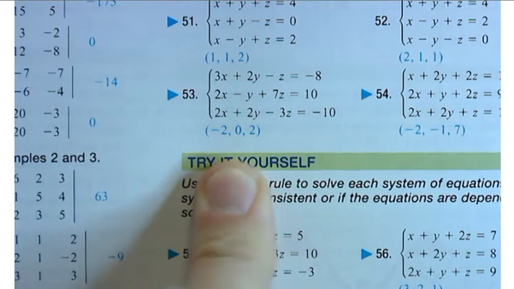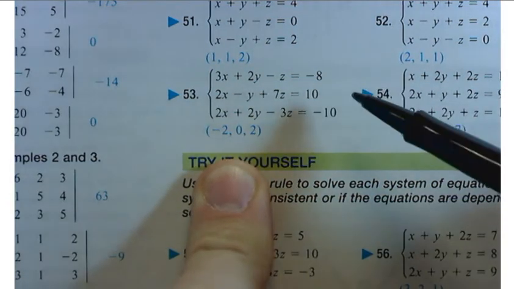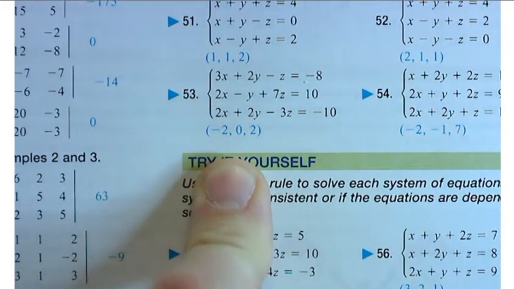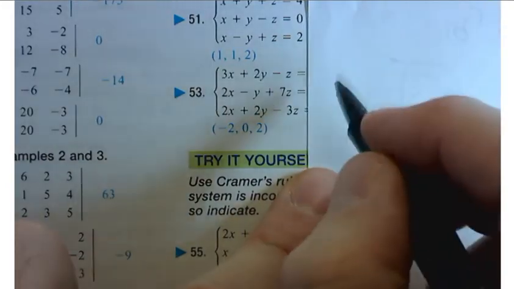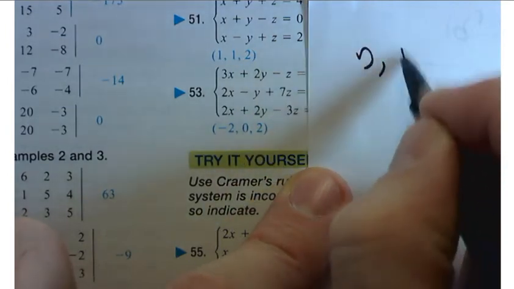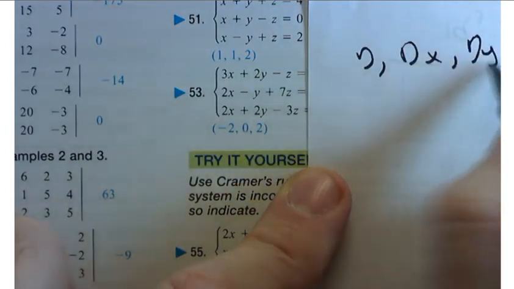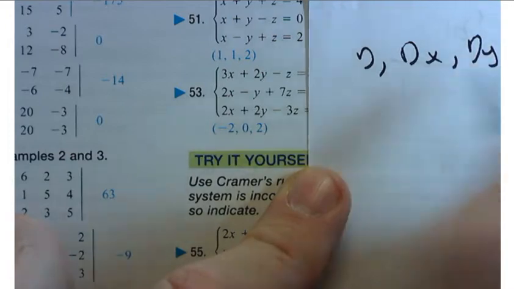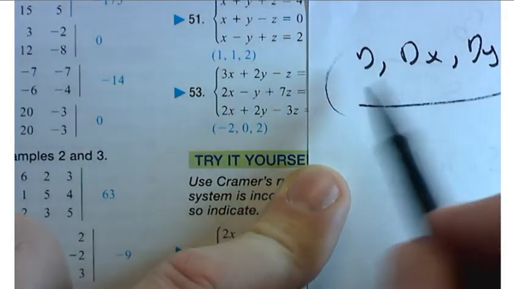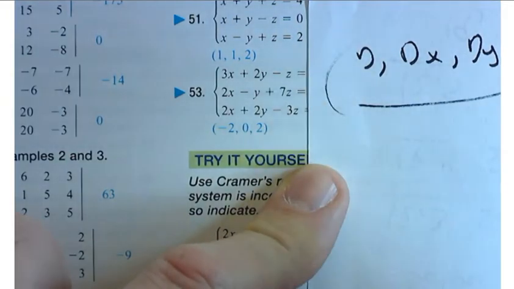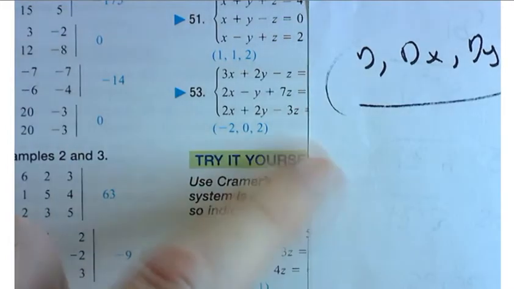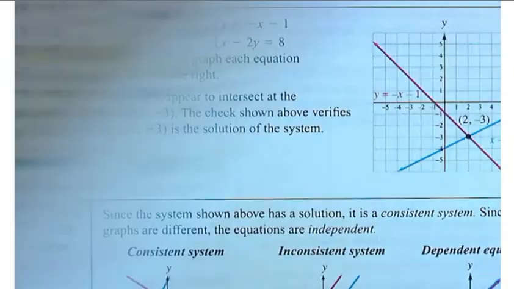So what I'd do to make that reasonable is I would probably give you 3 out of the 4 values. In calculating Cramer's rule, you need D, Dx, Dy, and Dz. In the 3 by 3 case, I'd probably give you 3 out of the 4. I want you to calculate the 4th one and use it to finish solving by Cramer's rule.